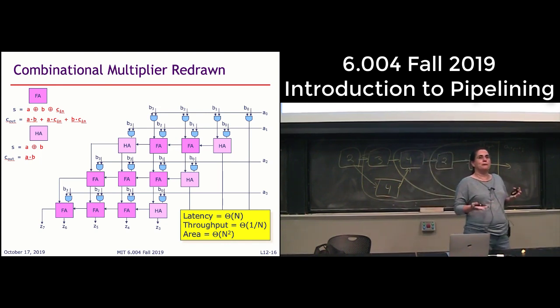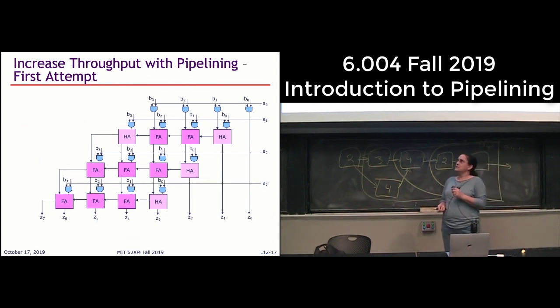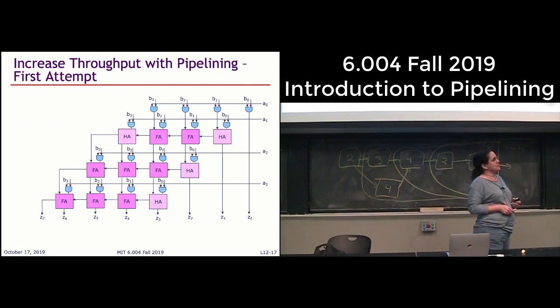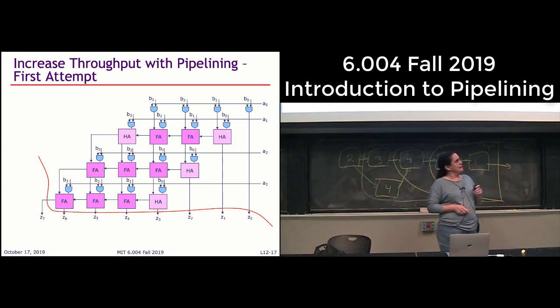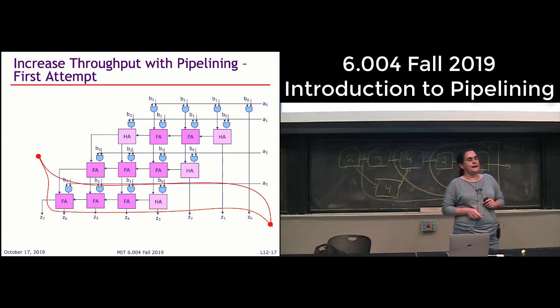Now let's think about pipelining this multiplier and see how we can improve performance by doing that, all right? So here's our first attempt at pipelining this. So what do I do? I draw a contour that goes through all my outputs, right? And now I draw, let's say, another contour that connects those two endpoints.